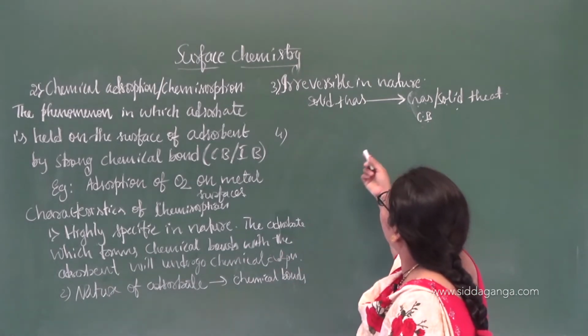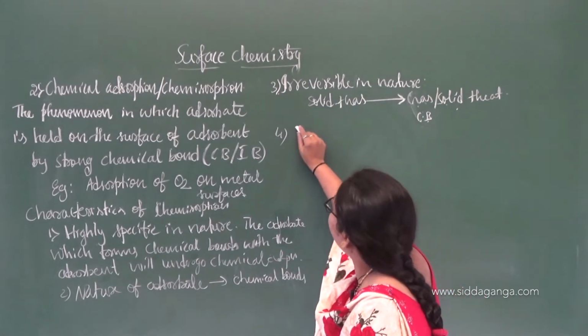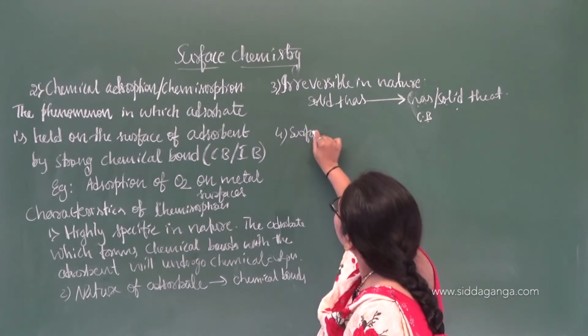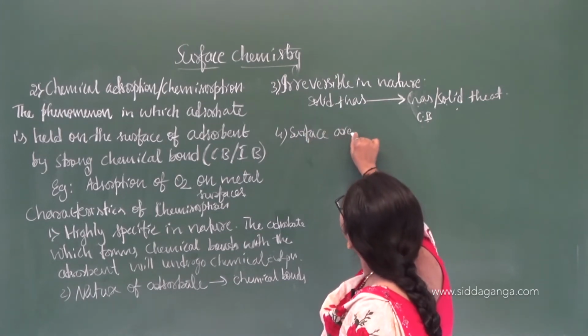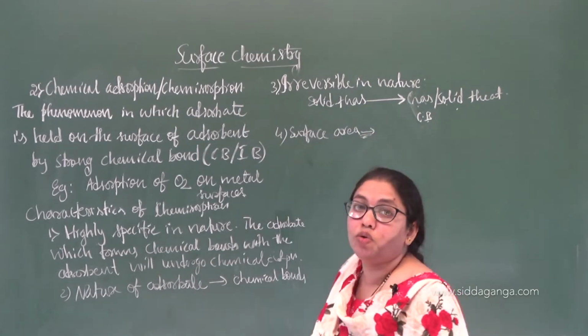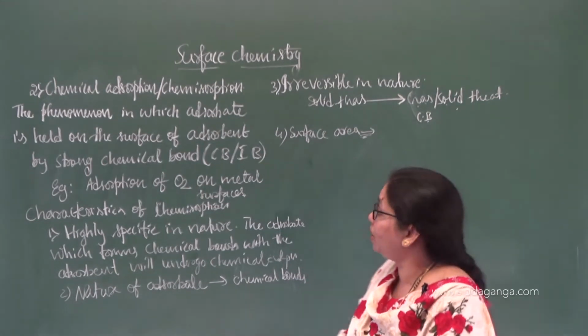Next, after irreversible nature, if you move on to the next one, that is surface area. It is similar to physisorption. What is the meaning of that?